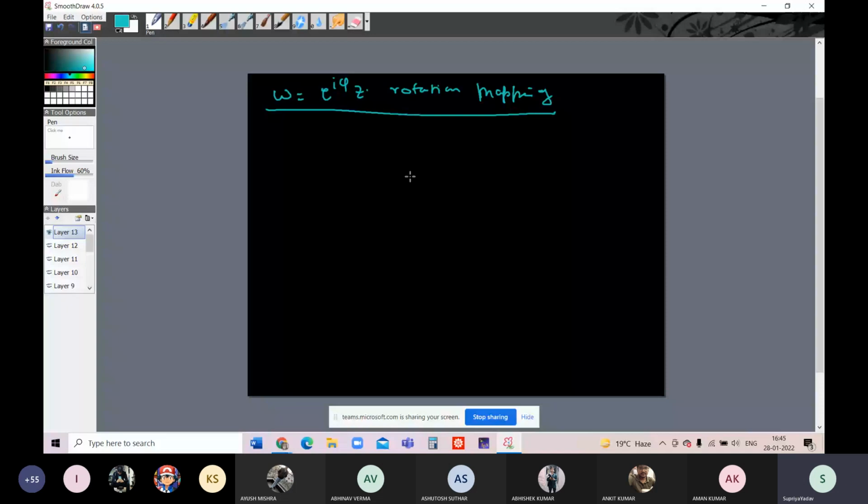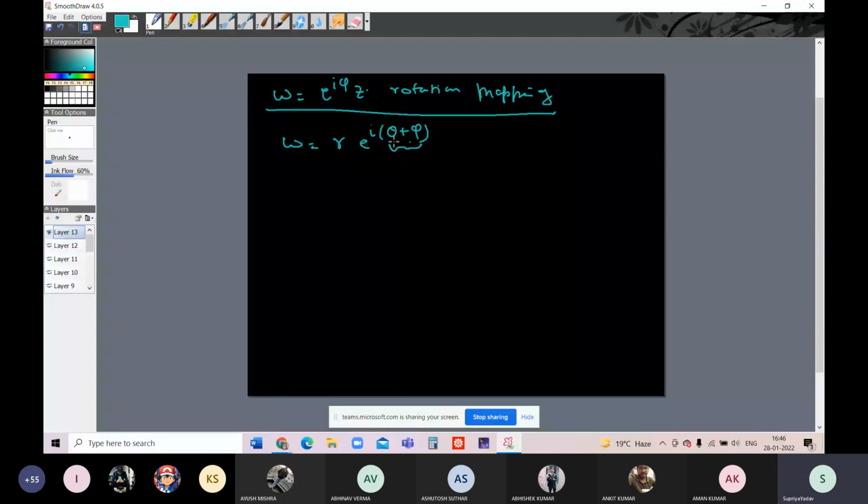And when this phi is less than 0, it means that our original region will be rotated in the clockwise direction by the angle phi. So you can see here z is equal to r e^(i theta). So w will be r e^(i phi) into e^(i theta). So we can write here theta plus phi. So here is the only change. जो figure में केवल change आया है वो है argument का. This is theta plus phi.